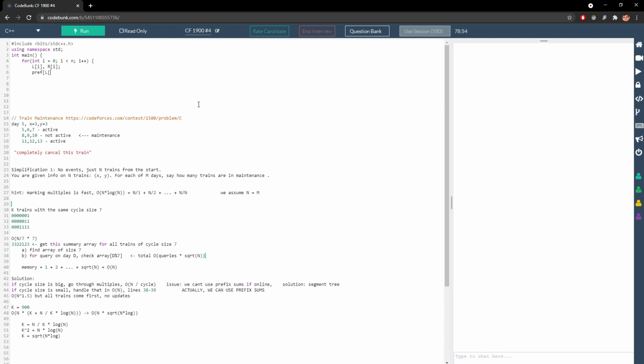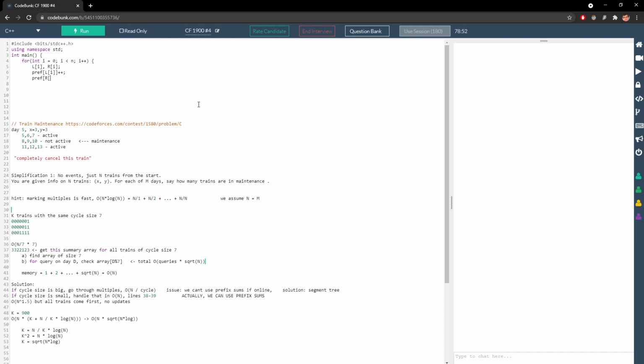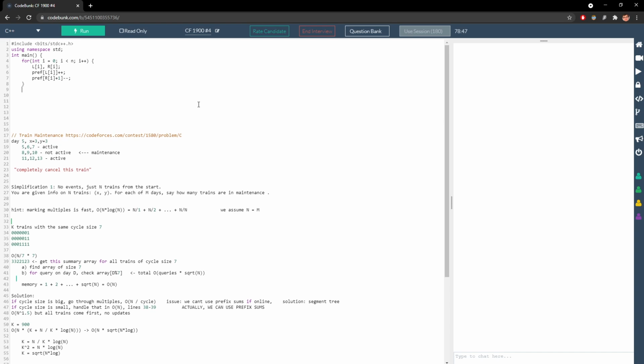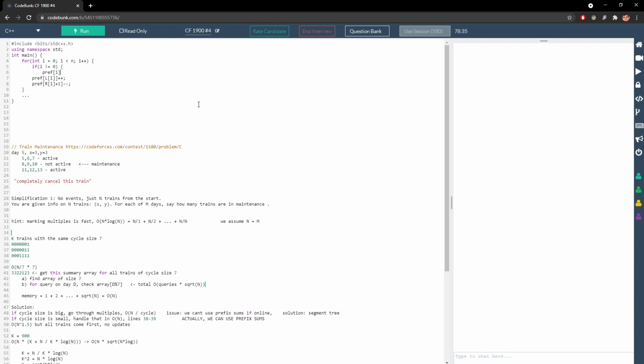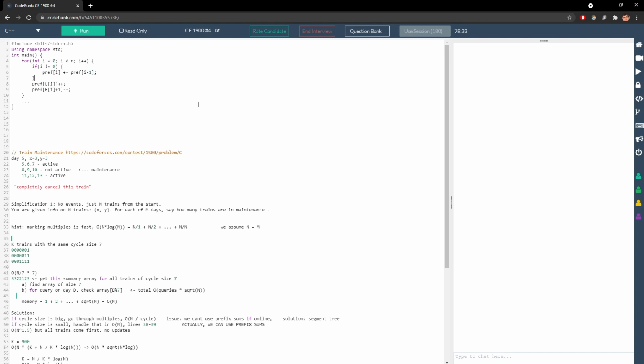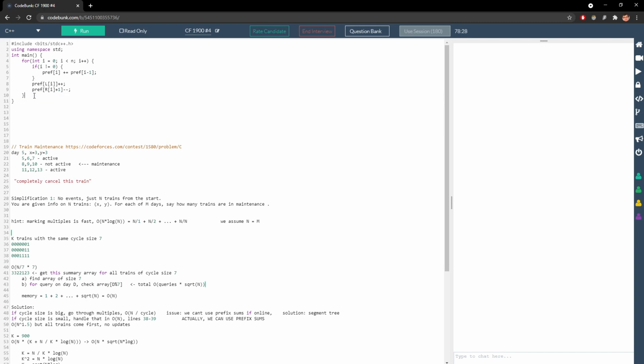Normally I would do +1, -1, and later I would propagate everything. But instead of propagating later, I want to propagate as I go. So if i is not 0, pref of i plus equal pref of i minus 1. Just as I go through the sequence, also at some position, it might trigger adding something to a future interval. If it's always just to the future interval, it works.